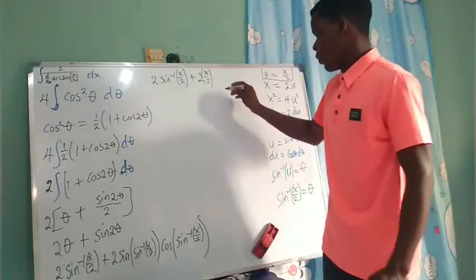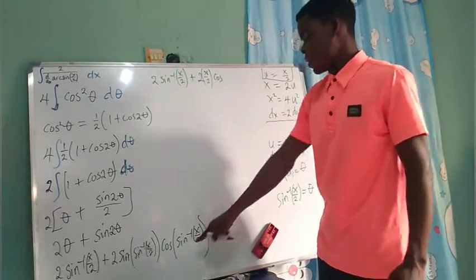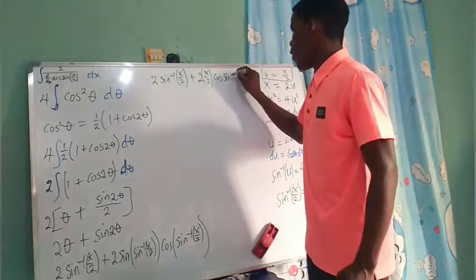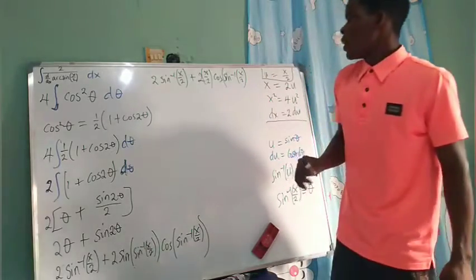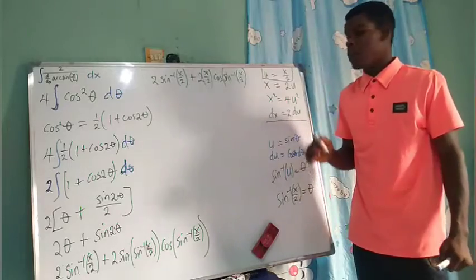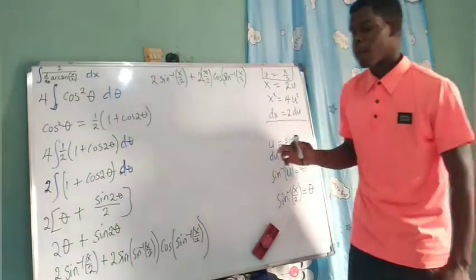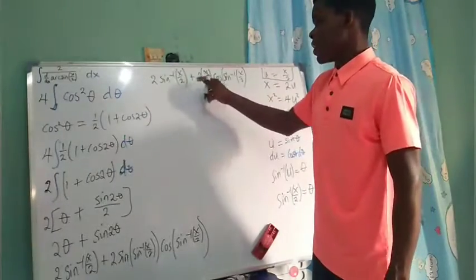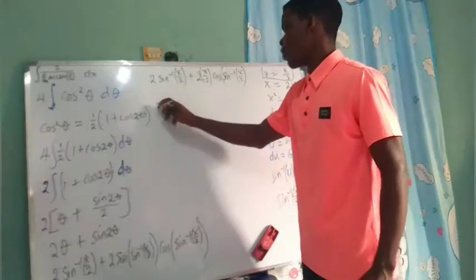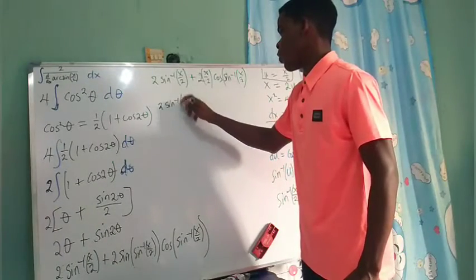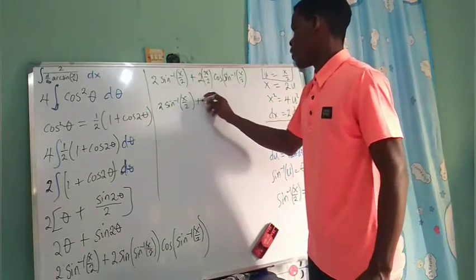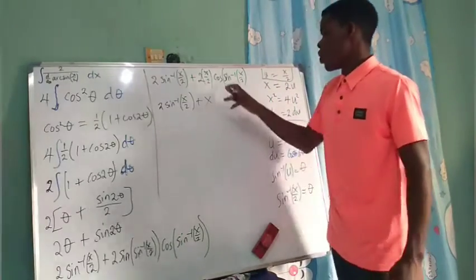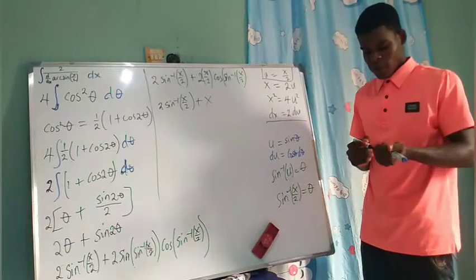And we have times cosine of sine inverse of x over 2. This is an appreciable form, where this and this just get away, and we have 2 sine inverse of x over 2 plus x times cosine of sine inverse of x over 2.